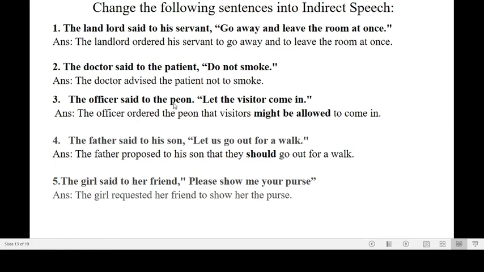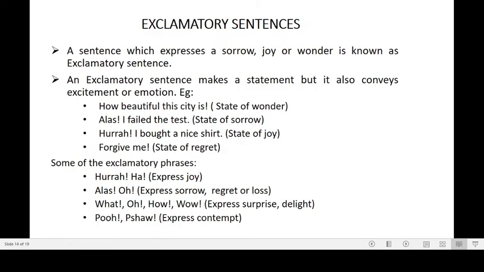So these are very simple sentences, and if you understand the rules properly, they can be correctly changed into indirect speech. Here is another simple example. The doctor said to the patient, "Do not smoke." He is advising him. So the doctor advised the patient not to smoke. Look at these other examples, and just try to understand the changes which have been made.